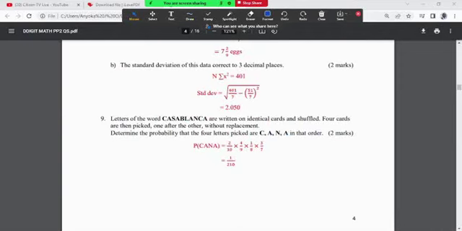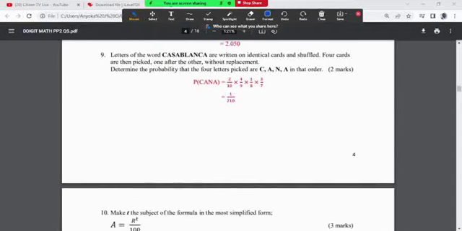Letters of the word Casablanca are written on identical cards and shuffled. 4 cards are then picked one after the other without replacement. Determine the probability that the 4 letters picked are C, A, N, A in that order.